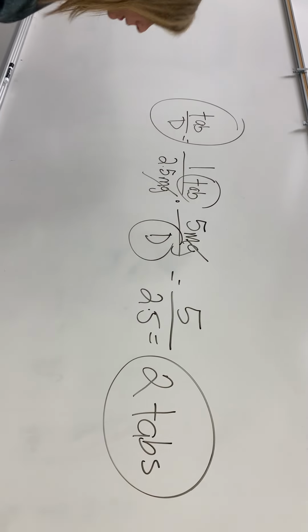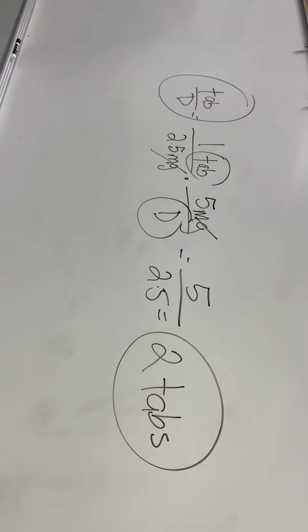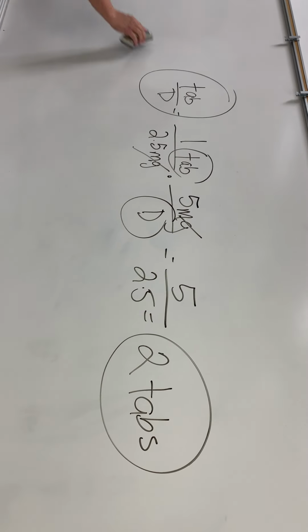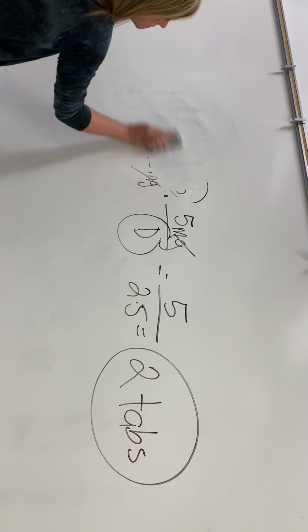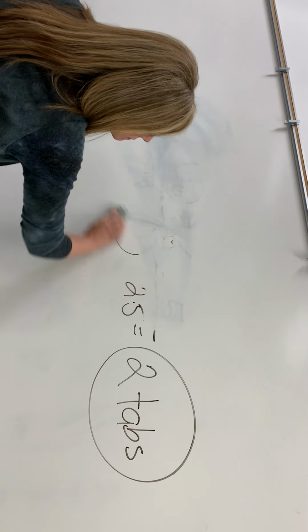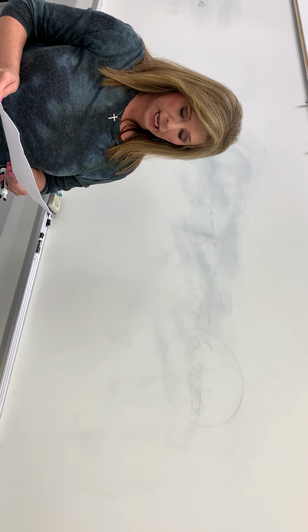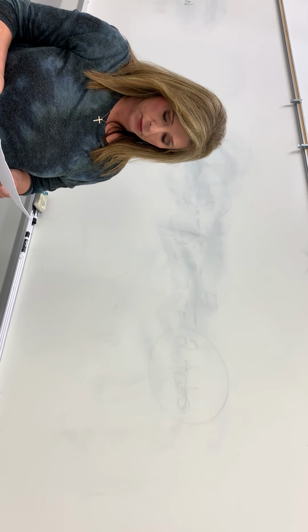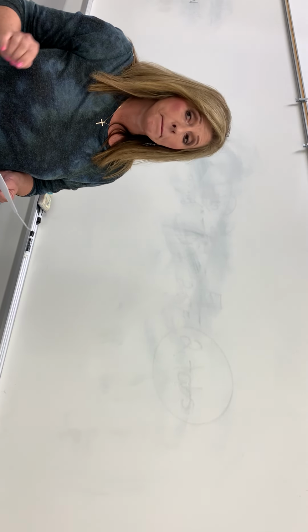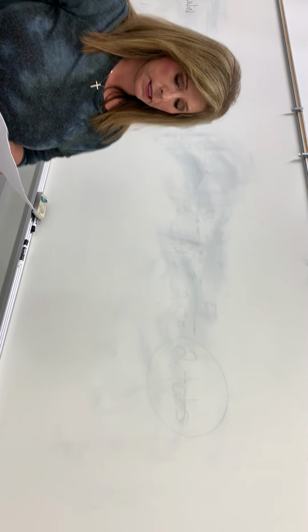Okay, I'm going to erase that, and we'll do number 3. The physician orders Keflex suspension of 5.5 mils PO every 6 hours for your patient who has a tonsillectomy. The pharmacy brings you a bottle of Keflex, 125 milligrams per 5 mils. How many milligrams will you administer every 6 hours?